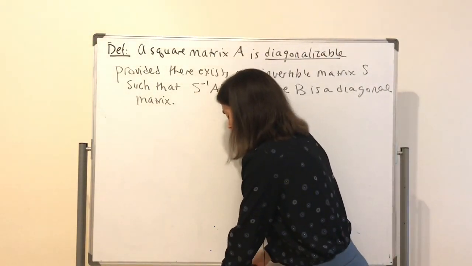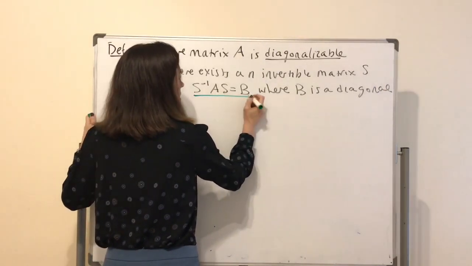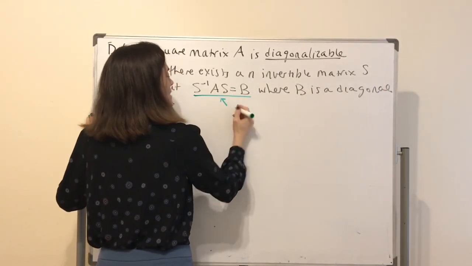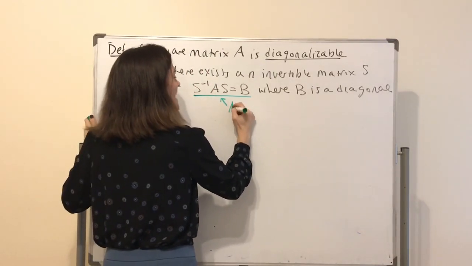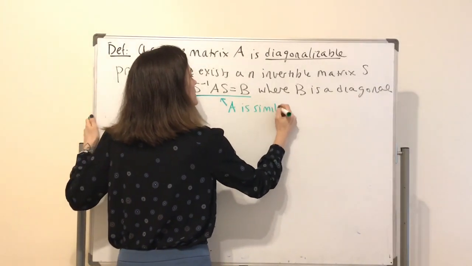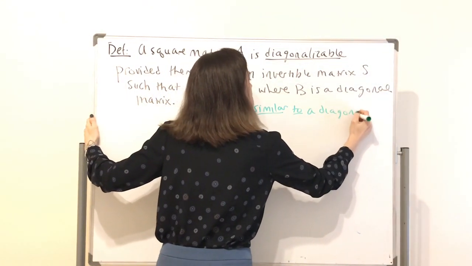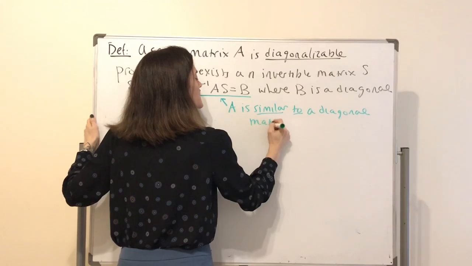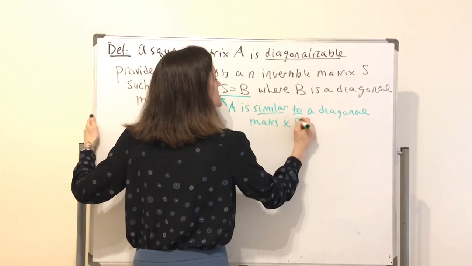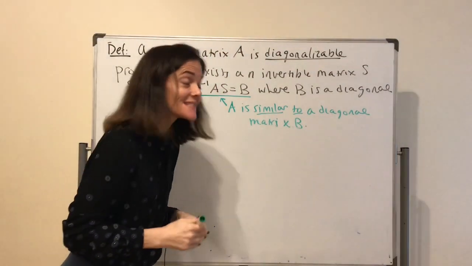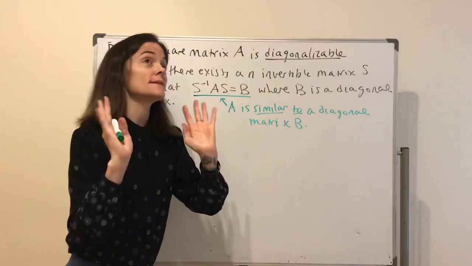Now I need to give you a little bit more terminology here. This equation says that they are similar matrices. So what this says is that A is similar to a diagonal matrix B. This is the notion of having this invertible matrix S such that S inverse AS is this matrix, and the two matrices are said to be similar.